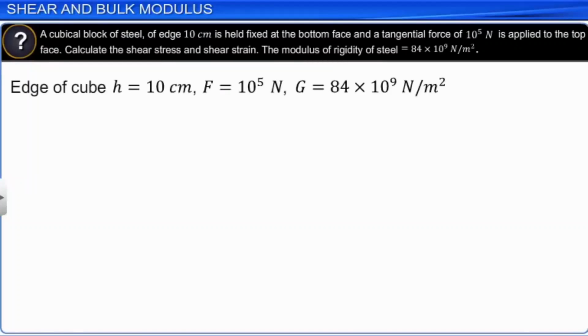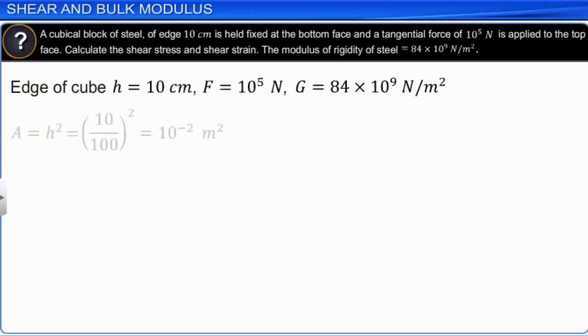We express the length of the edge in the SI unit, meters, before calculating A, and A is 10^-2 meters squared. Shear stress is the ratio of the tangential force F to area A.